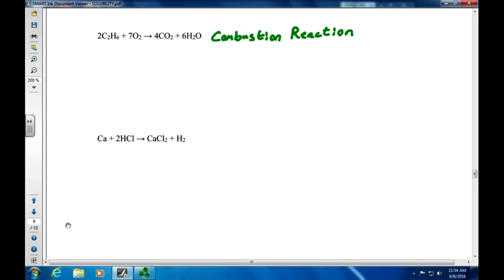So we have several things we need to assign oxidation states to at this point. We know that our O2 is going to have an oxidation state of 0. We can also assign the oxidation state of the hydrogen on the hydrocarbon. Because it's attached to a non-metal, it would have a +1.